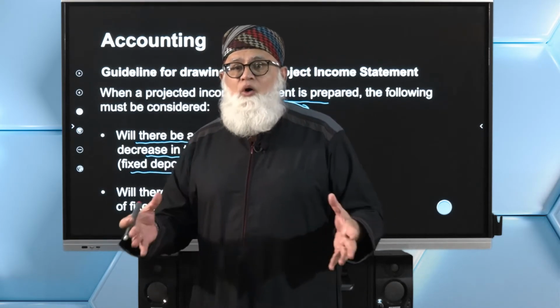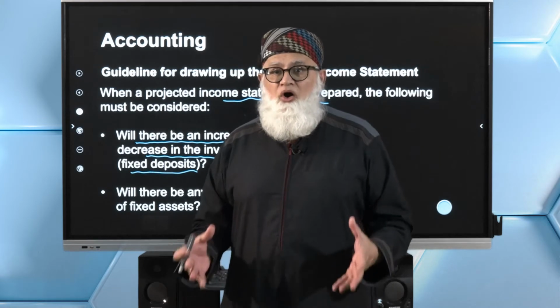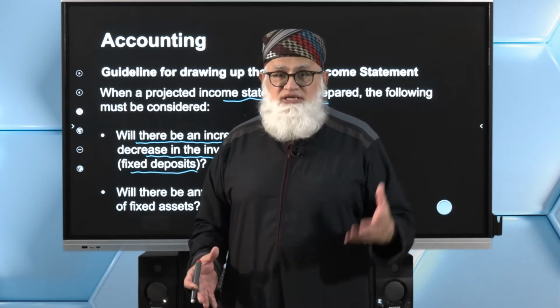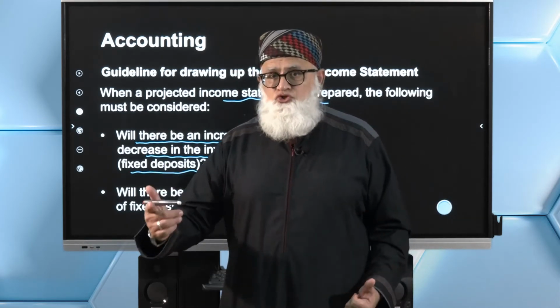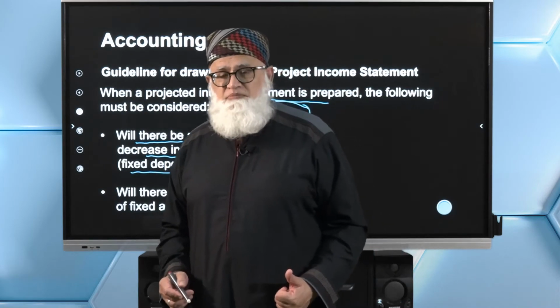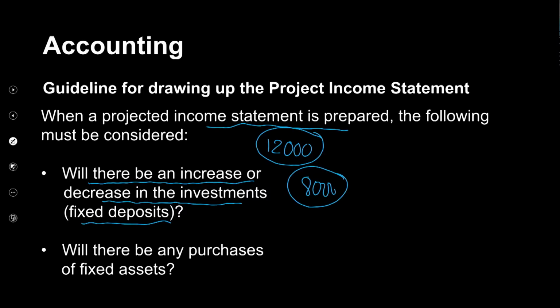Now, how will this impact on my cash budget and on my projected income statement? The amount that you've received is what we have received. So obviously that figure will go into my cash budget under my receipts: interest on investments, 8,000 Rand. That's the actual amount that we have received.